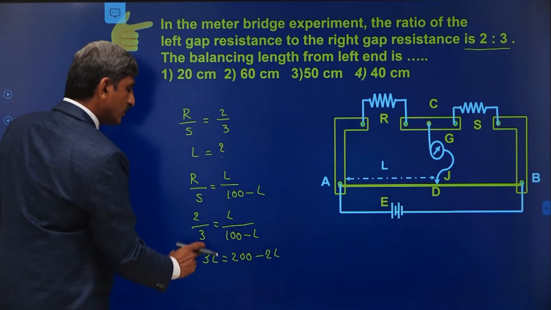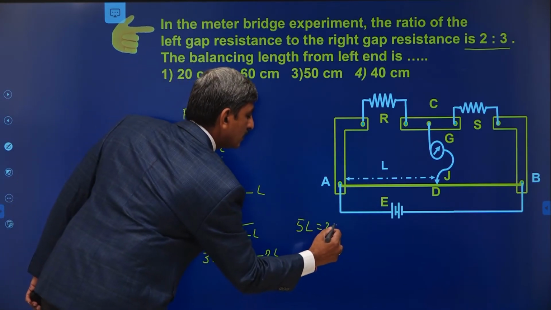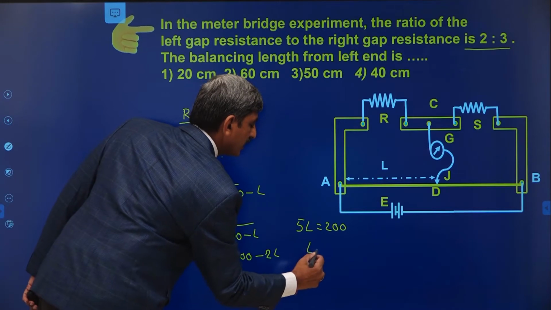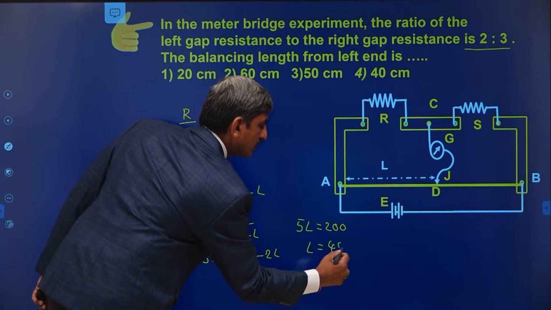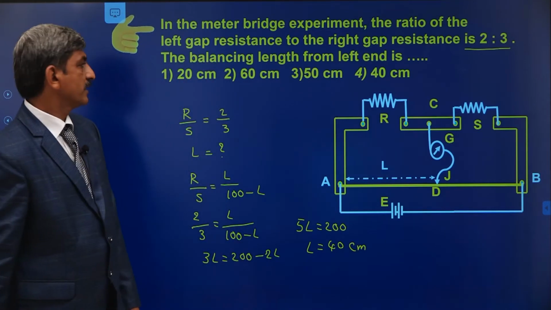By taking this 2L to this side, we have 5L is equal to 200. From this L is equal to 200 by 5, that is equal to 40 centimeters.